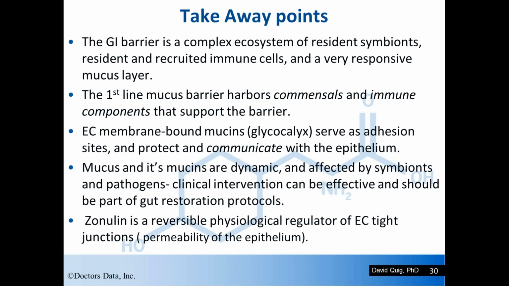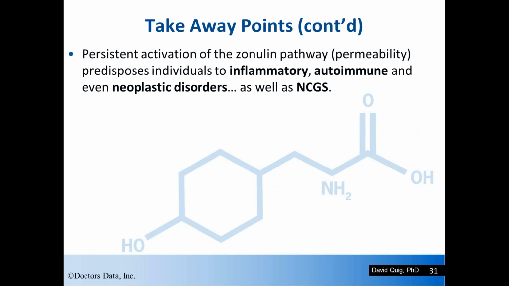Zonulin is a reversible physiological regulator of endothelial cell tight junctions, that is the permeability of the epithelium. Persistent activation of the zonulin pathway predisposes individuals to inflammatory, autoimmune, and even neoplastic disorders as well as non-celiac gluten sensitivity.